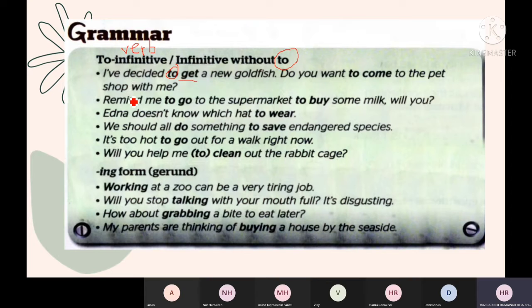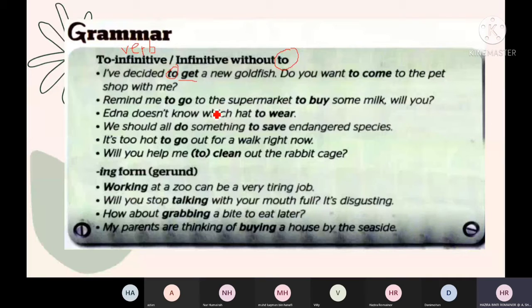Example: I have decided to get a new goldfish. Do you want to come to the pet shop with me? As you can see, after the word to is the root word. Number 2, remind me to go to the supermarket to buy some milk, will you?